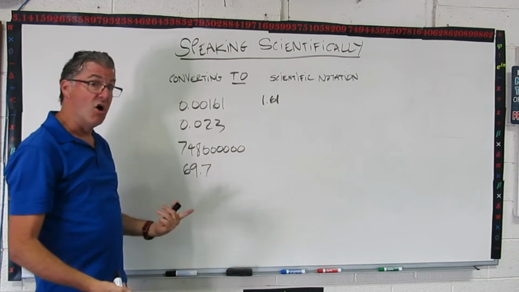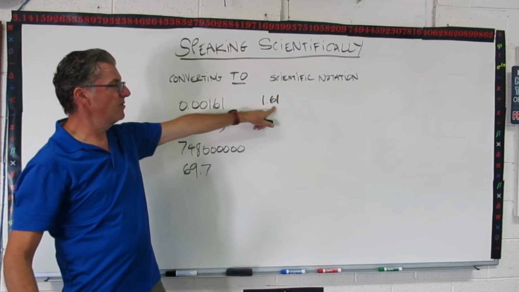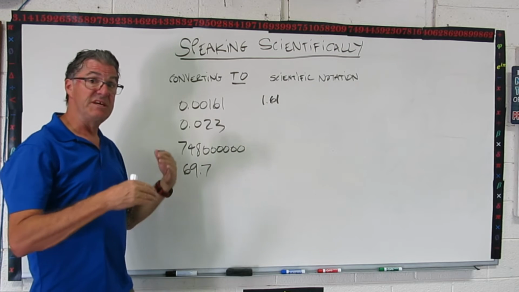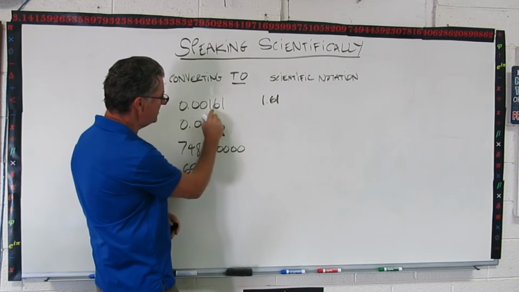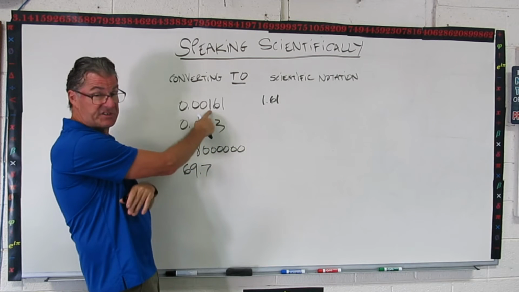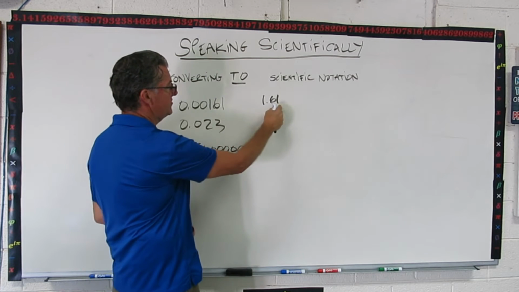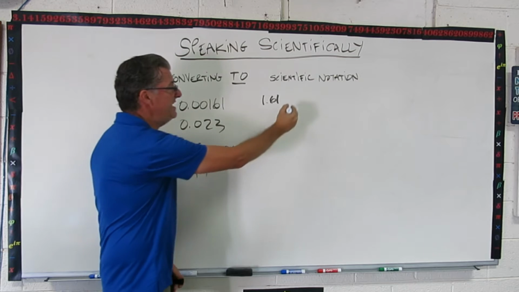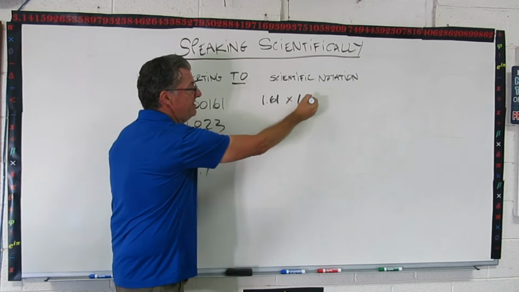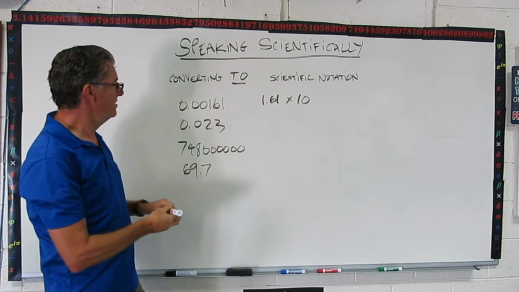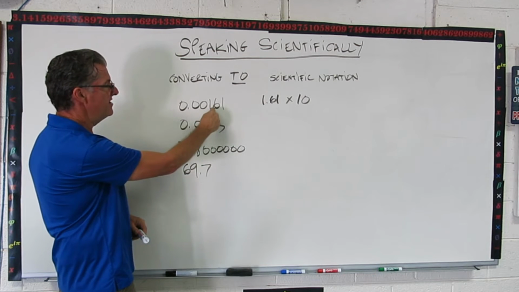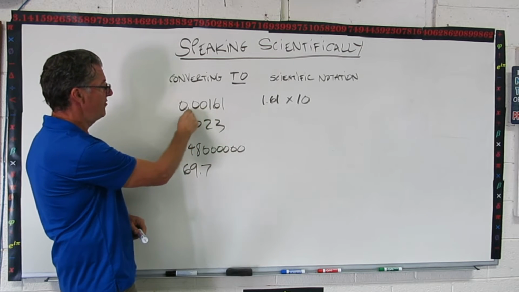1.61, because we know scientific notation says the number in front, the A, has to be greater than or equal to 1 and less than 10. So that's why we always put the decimal after the first sig dig. So 1.61. Now, how many places did we need to move the decimal to get into this form? So we were here, and we had to go 1, 2, 3.